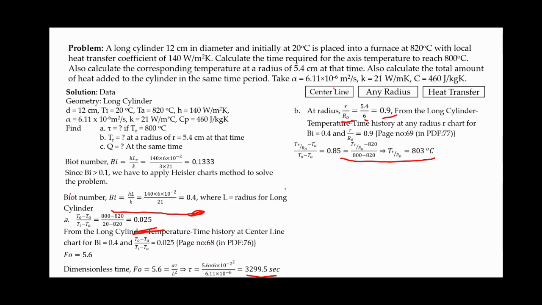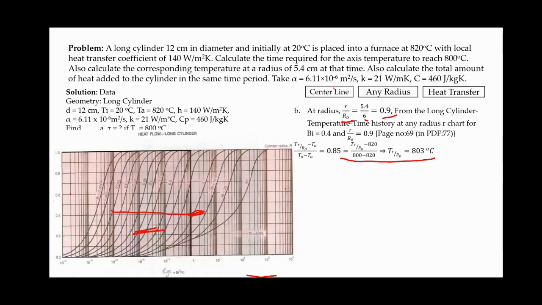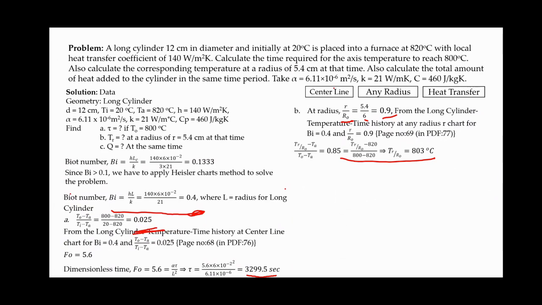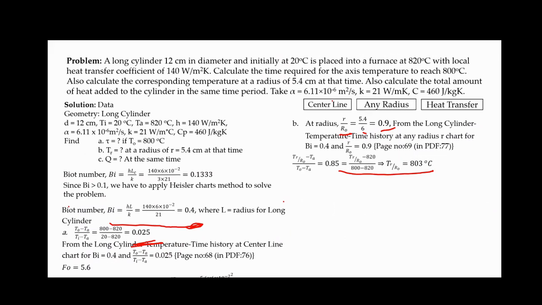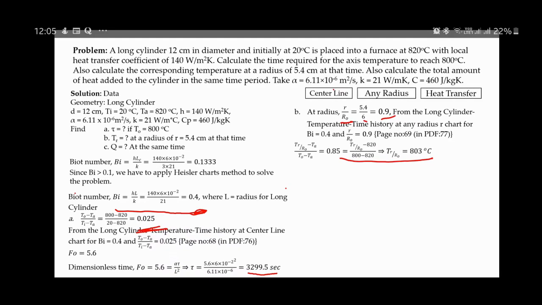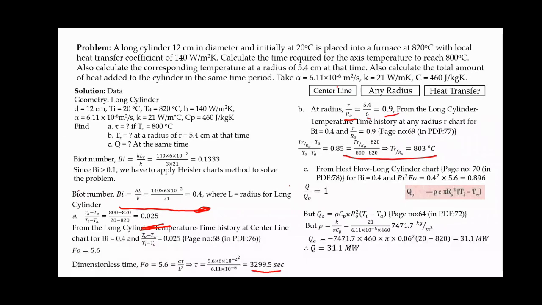For the heat transfer rate, again I need to refer to the graph. So before that, here I need to find out Bi square into Fo.